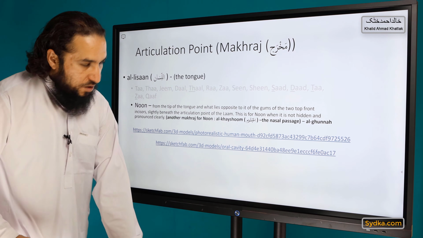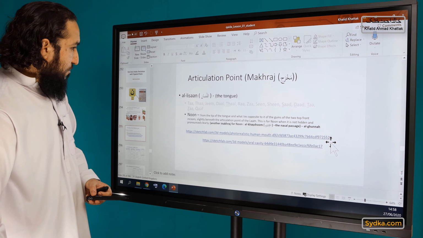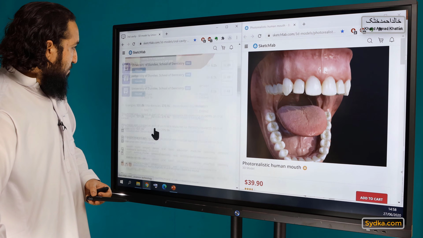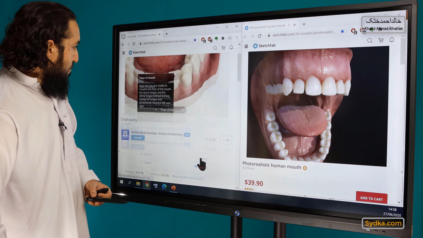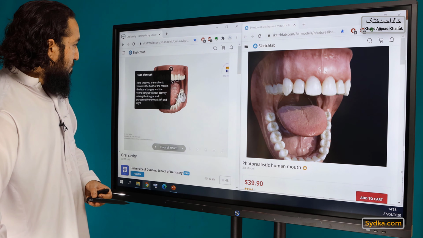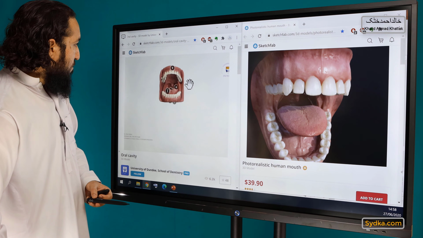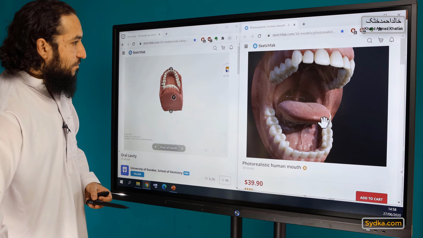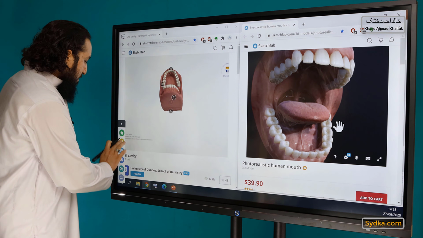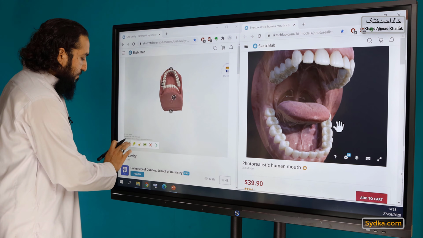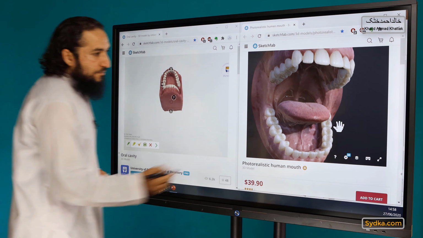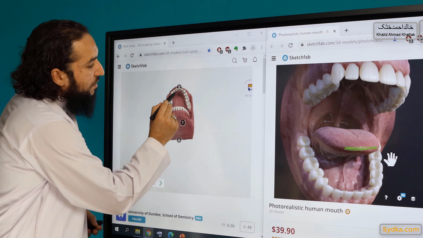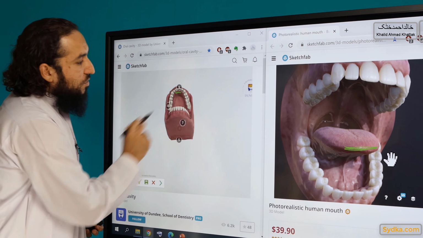Let me explain that with the 3D model. We use the tip of the tongue as the one point, and that's the gum line of the top two incisors.